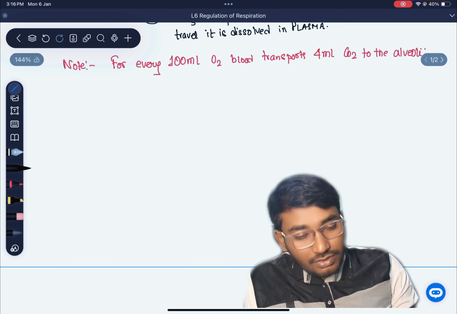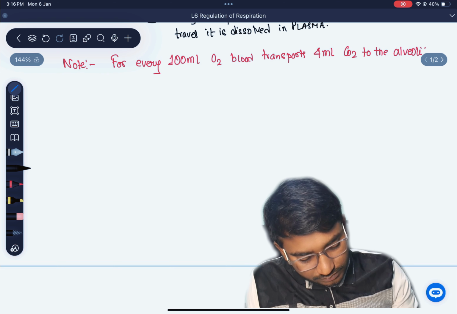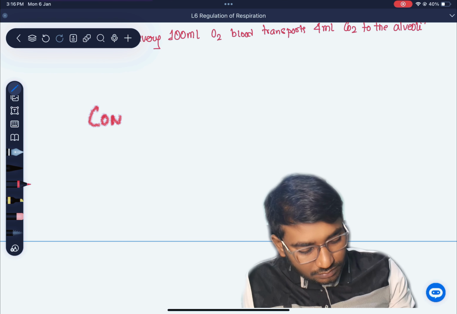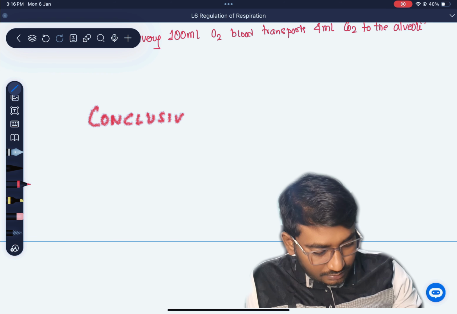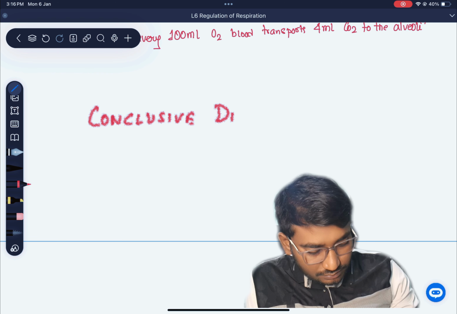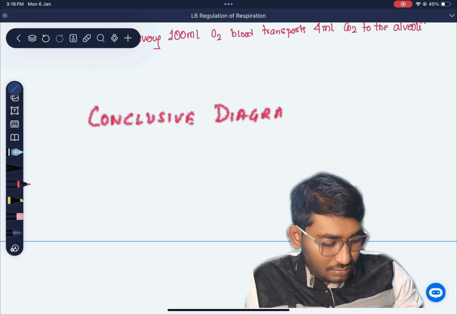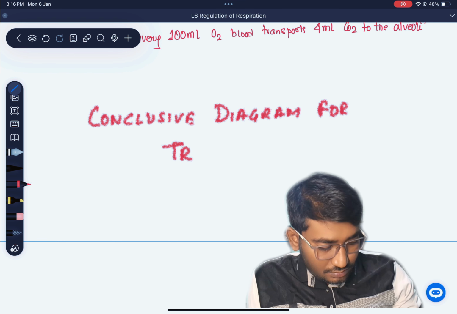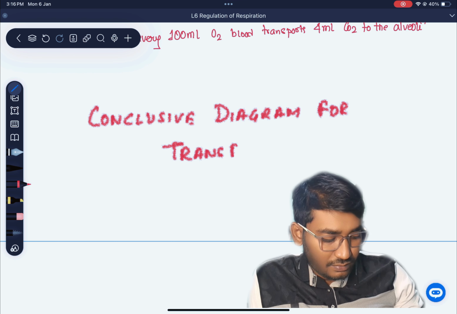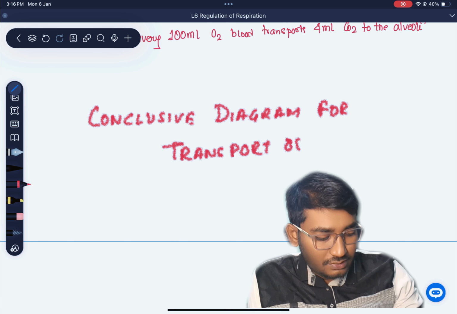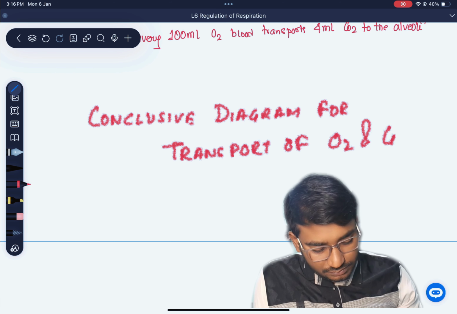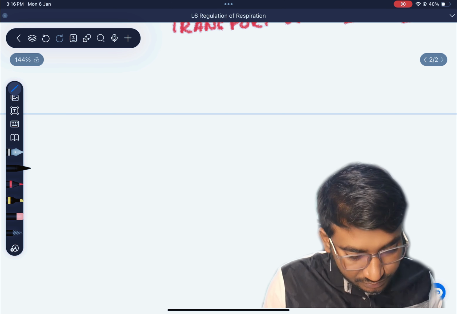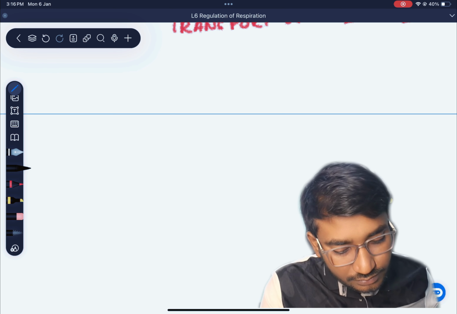So now I am drawing the conclusive diagram for transport of O2 and CO2. You will not find this diagram anywhere. Let me draw.